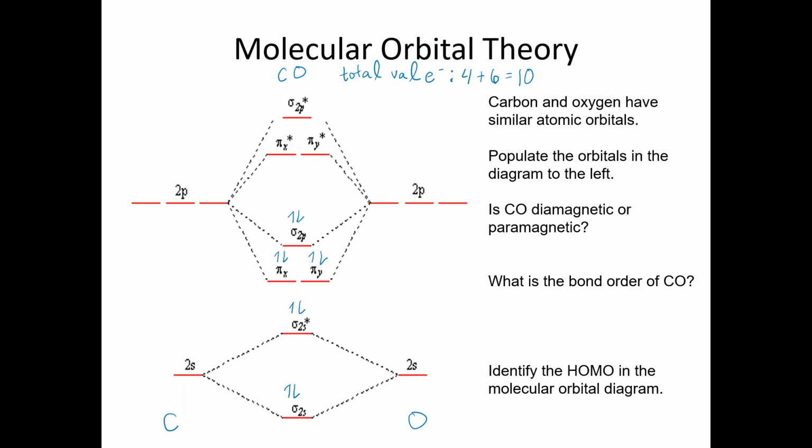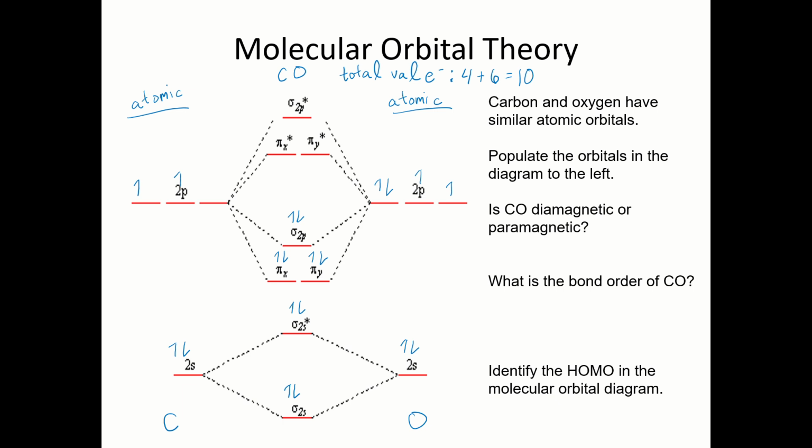If you wanted to see where they originally started out, carbon would have 4, so it would have had 2 in the 2s and 2 in the 2p orbitals. Oxygen would have had 2 in the 2s and, let's see, 1, 2, 3, 4 in the 2p orbitals. Remember that on the left and on the right, these are your atomic orbitals, and then in the center are your molecular orbitals, which is what we're typically focused on.